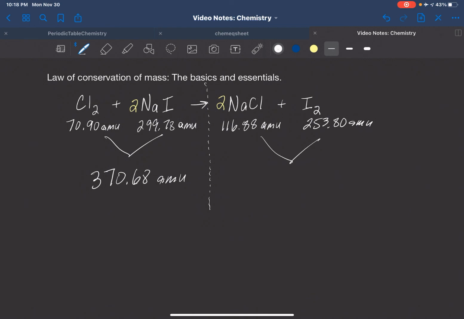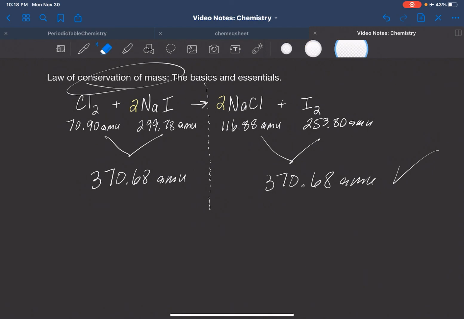If we add these two together, 116.88 plus 253.8, we get, lo and behold, 370.68 AMU.